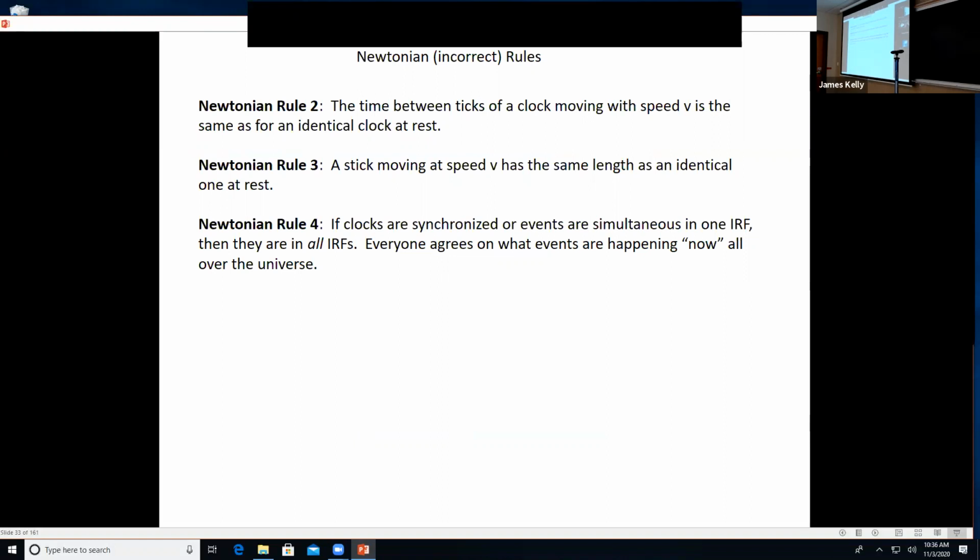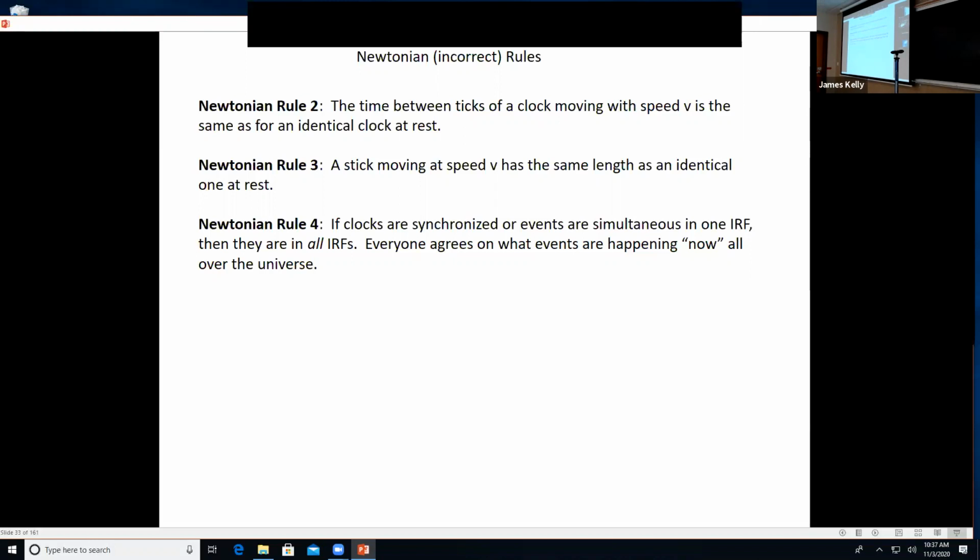Mermin talks about the corresponding Newtonian rules, which we should think of as incorrect, but they're certainly very useful, because a lot of things don't travel close to the speed of light. And so these are very close to being the same as the rules for special relativity when the relative speeds between different IRFs are really slow compared to the speed of light.